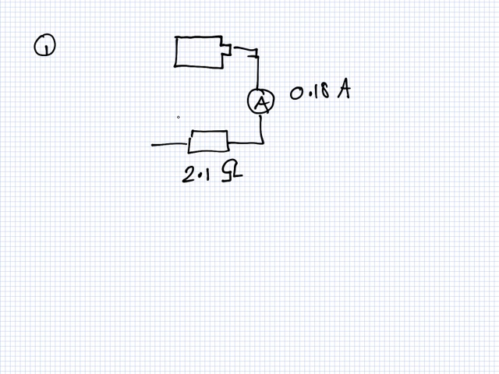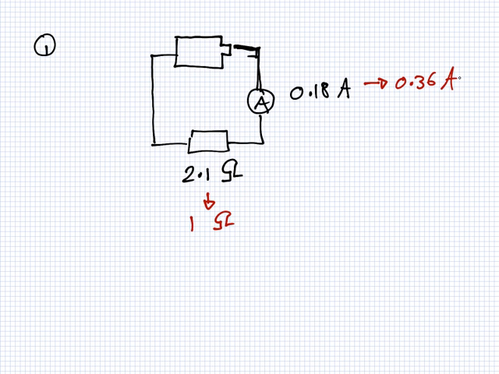Then for the second part, this gets changed to a 1 ohm resistor, and you will see the current increase to 0.36 amps.